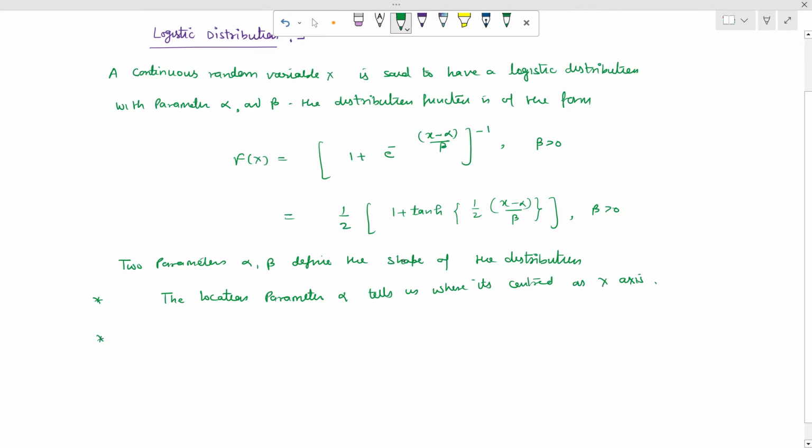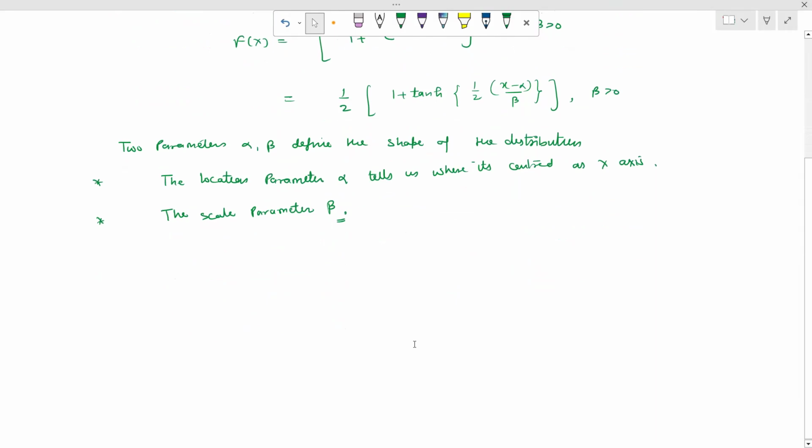And the second parameter, that is beta, works as a scale parameter.